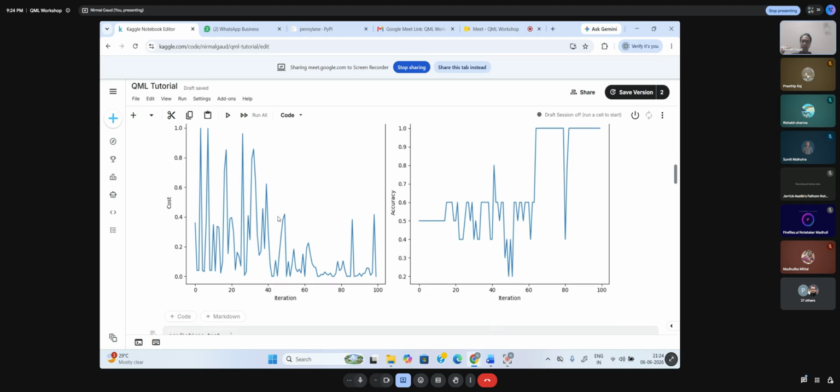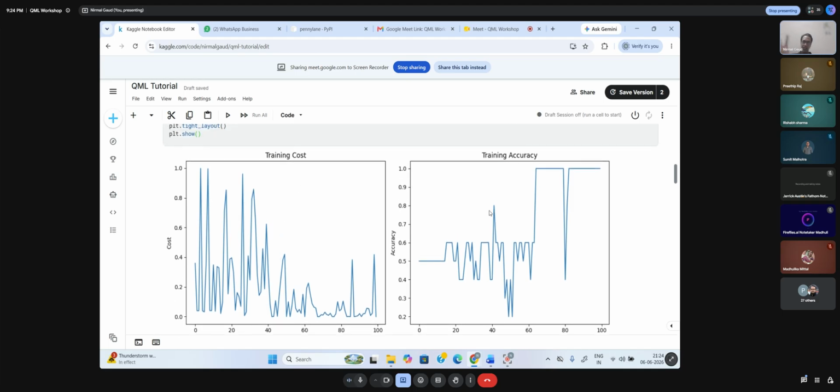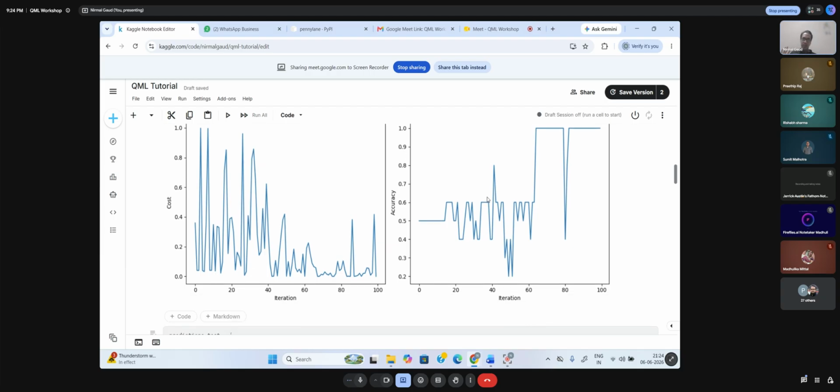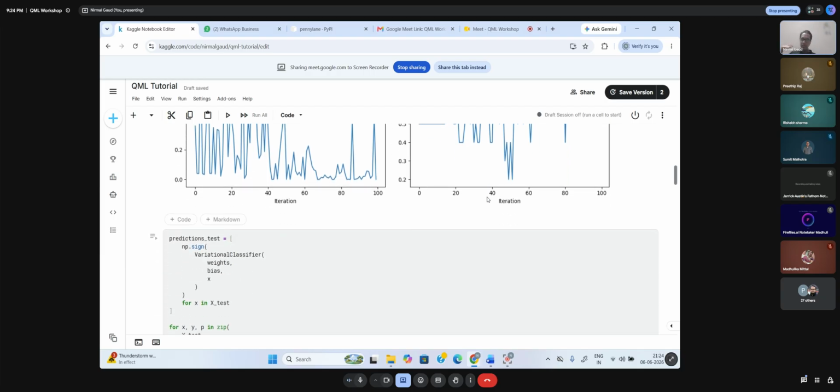Here is the plot: training cost, training accuracy. There is so much fluctuation. In machine learning we haven't seen that much fluctuation, but in a quantum circuit there will be fluctuations. Sometimes 50%, sometimes 80%, sometimes 40%, sometimes 30%, sometimes 100%. So fluctuation, and at the end, I'm getting 100%.